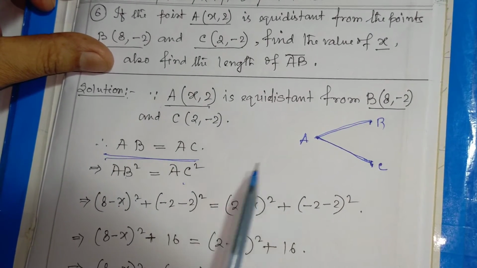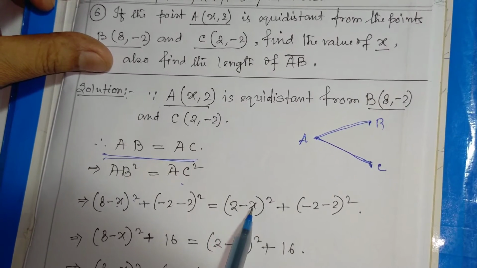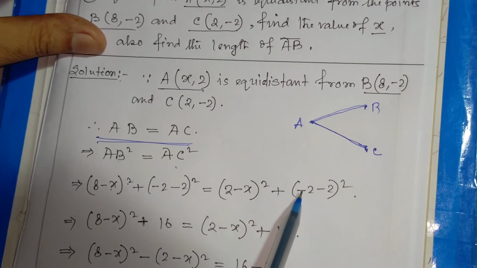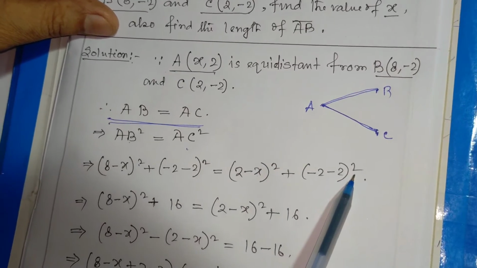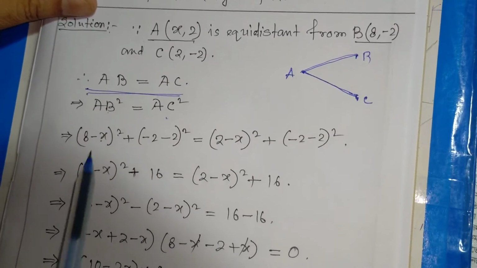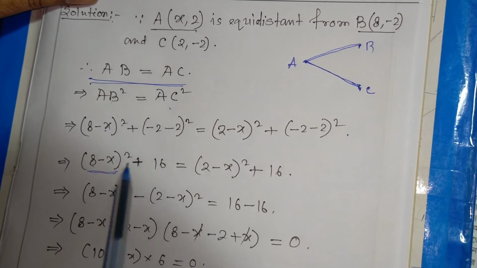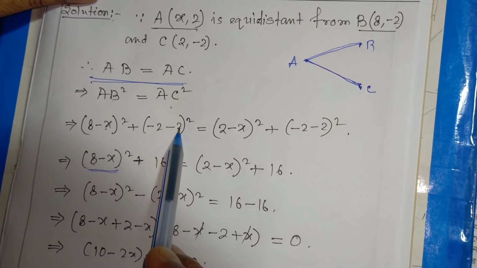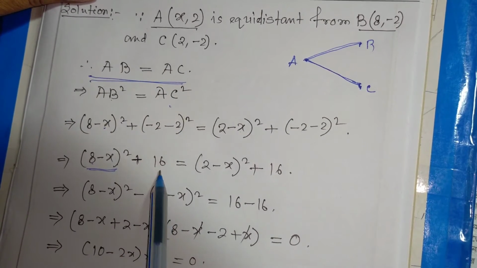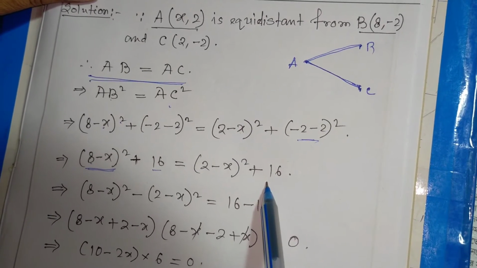And for AC, again (x2 minus x1) whole square and (y2 minus y1) whole square in case of A and C. So (8 minus x) whole square I have taken as same, but minus 2 and minus 2 means minus 4. Minus 4 whole square means 16. Here also minus 4 whole square means 16.